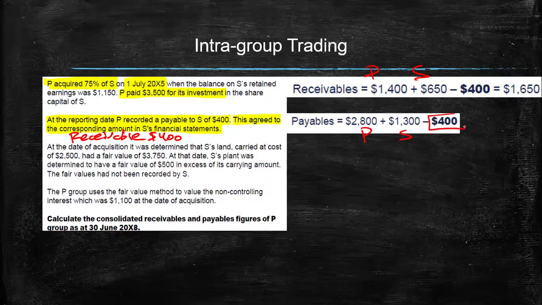This 400 will be subtracted from the payables calculation because this payable is between the parent and the subsidiary. So it has no value, it has no relevance in the consolidated SOFP. That is why we will subtract this from the payables calculation, and that is how we'll get the final payables amount to be included in the consolidated statement of financial position.